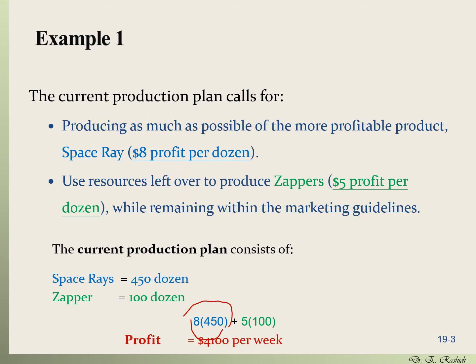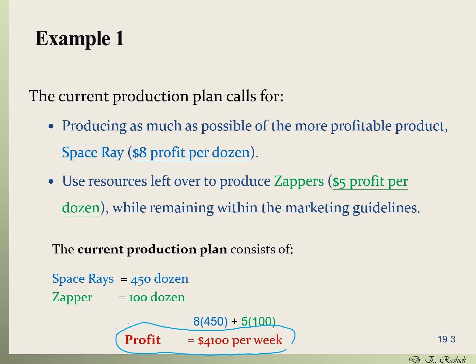Each dozen of zappers makes a profit of $5, multiplied by 100. So 8 multiplied by 450 plus 5 multiplied by 100 gives us a total of $4,100 per week profit.